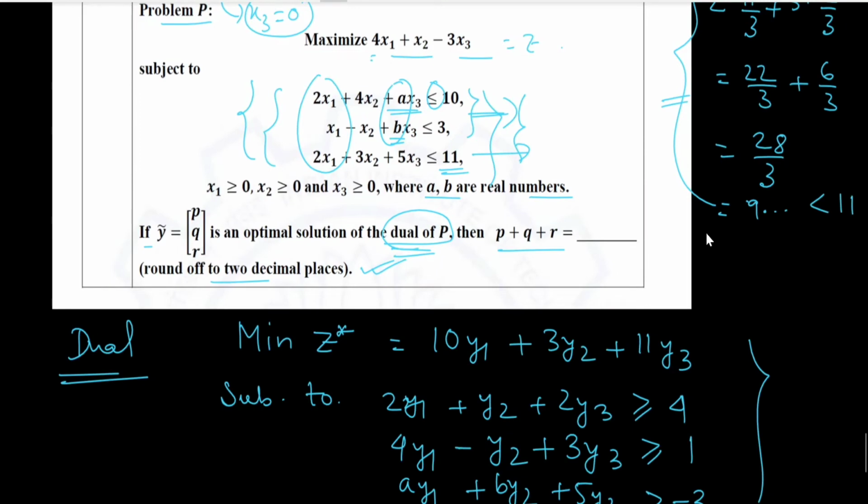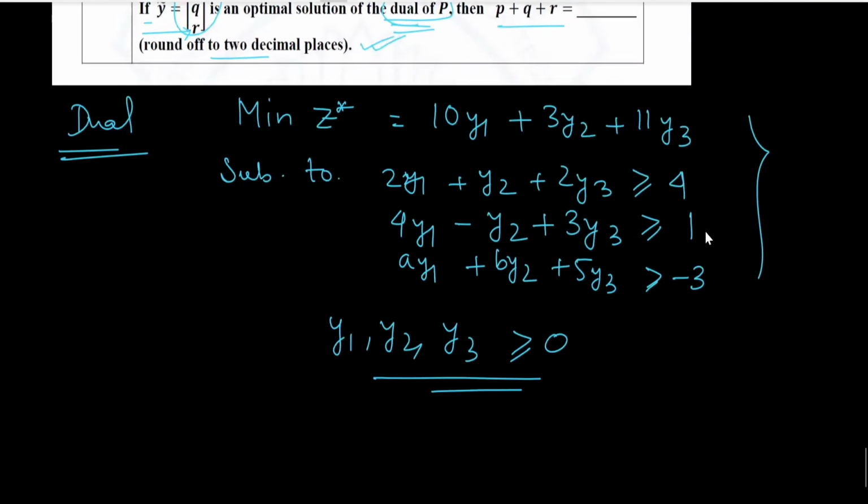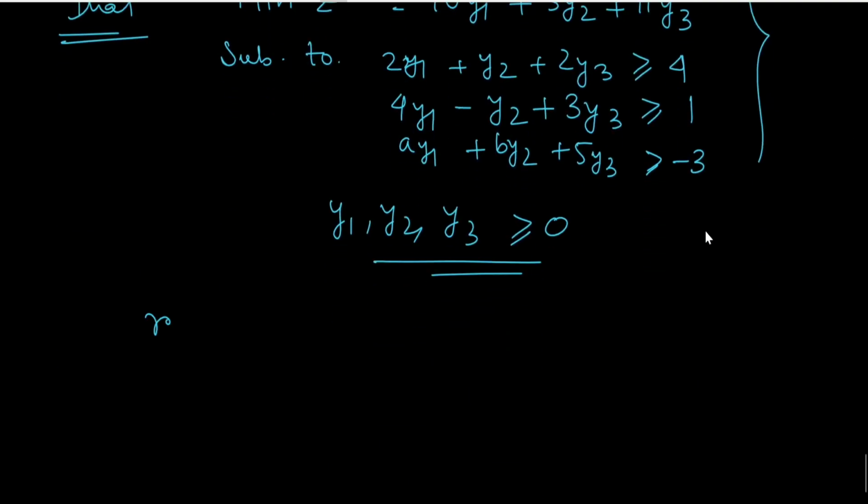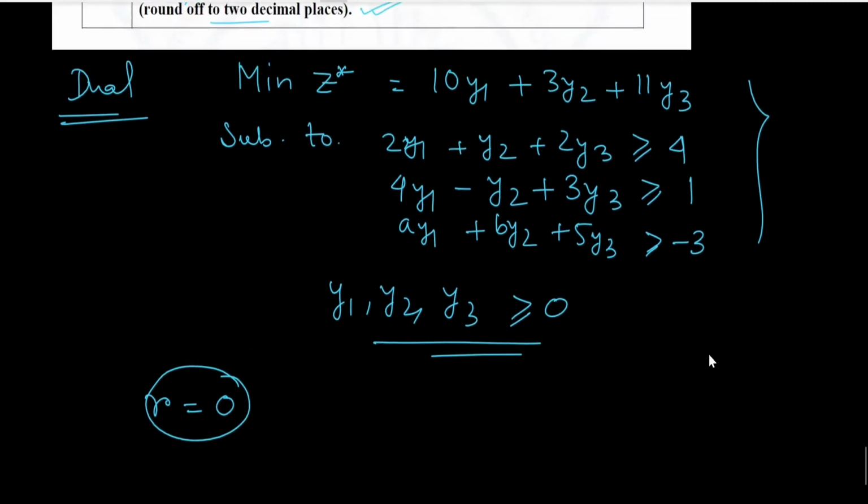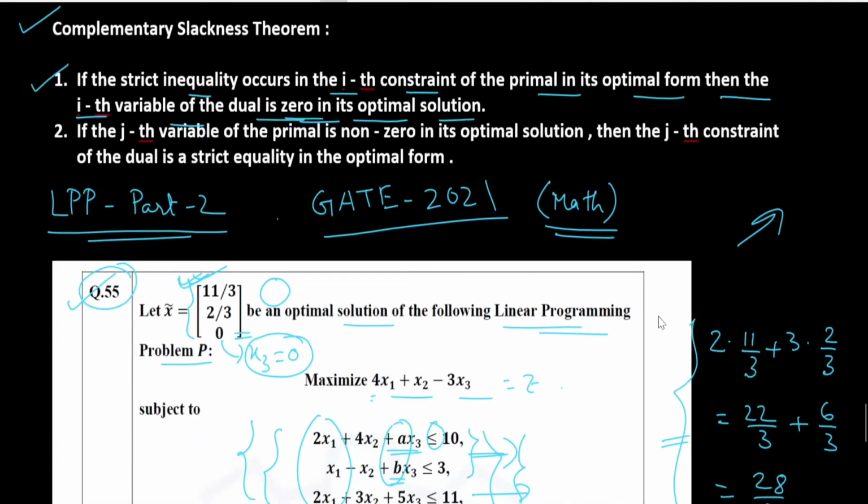So here it is given that PQR is an optimal solution. Therefore, the third variable is R, which is 0 directly from this theorem. Therefore, we get R equal to 0. Now we come to the second part of the theorem.